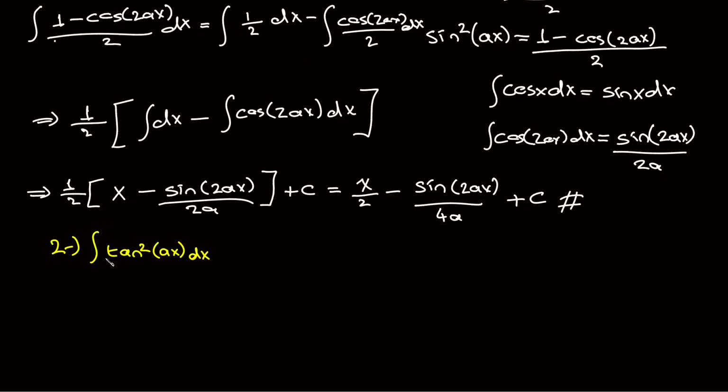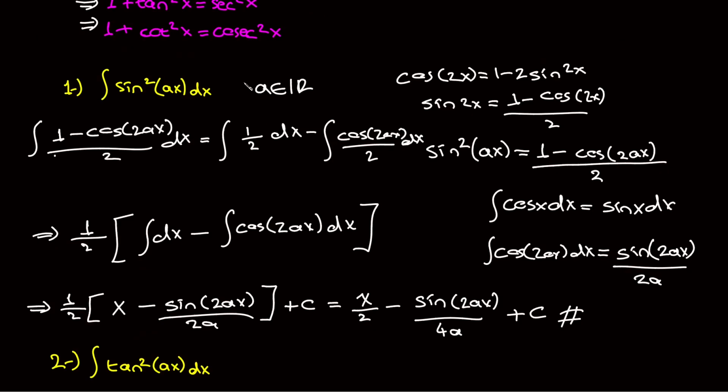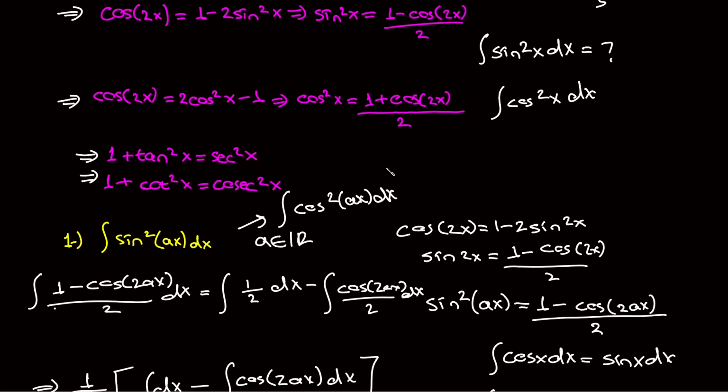Now, I will skip to the integral of tan squared of ax dx, because you can do the same for the integral of cosine squared of ax dx. I want you to solve this by yourself. How are you going to do it? Instead of cosine squared ax, you will write, using this equation, this part of it.